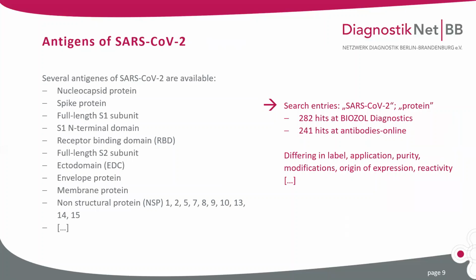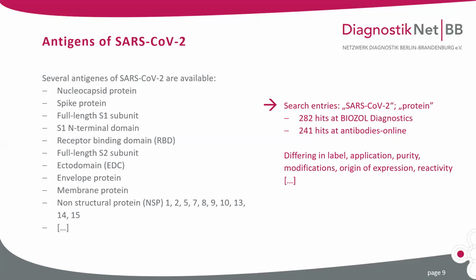There are plenty of antigens for SARS-CoV-2 already commercially available. Several antigens for SARS-CoV-2 for nucleocapsid protein, for spike protein, full length, as one subunit, terminal domain, and the like.